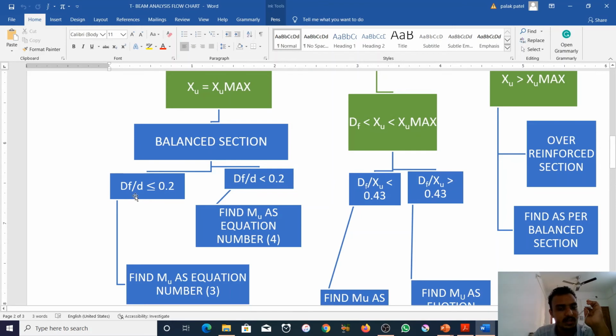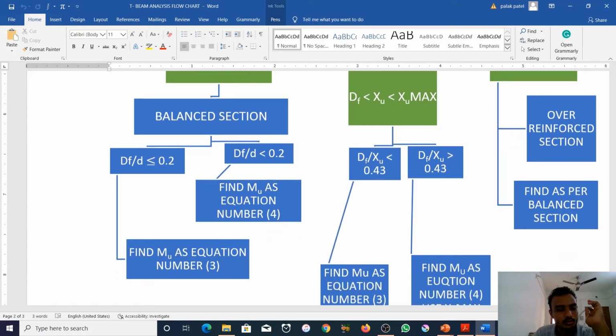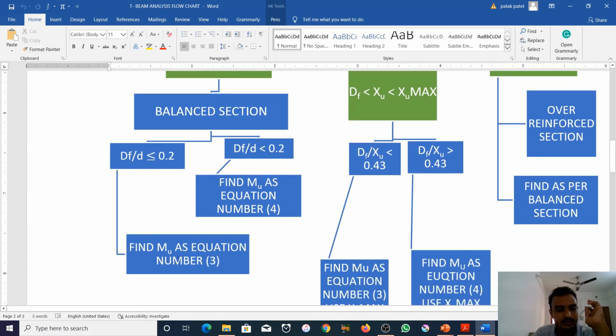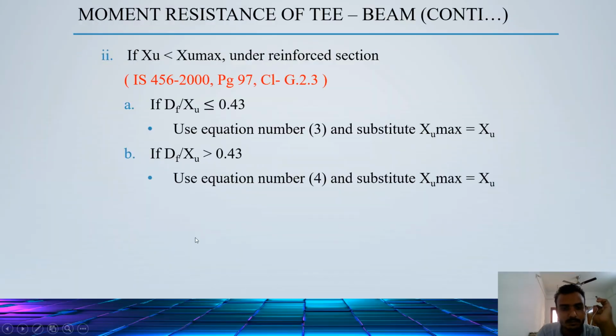Capital Df by D is less than 0.2. Of that type of condition, we have equation number 3. So where is equation number 3?